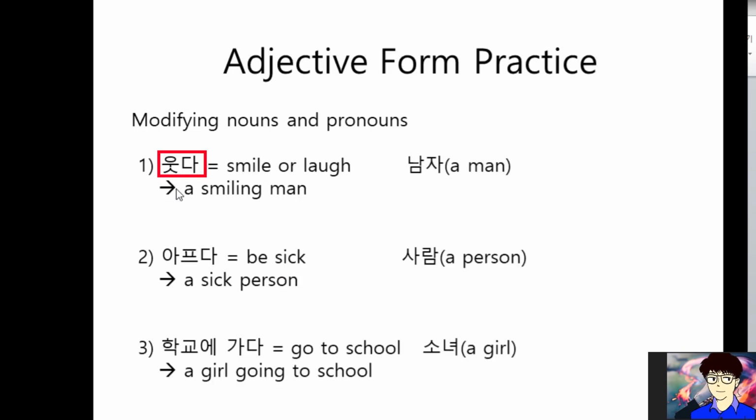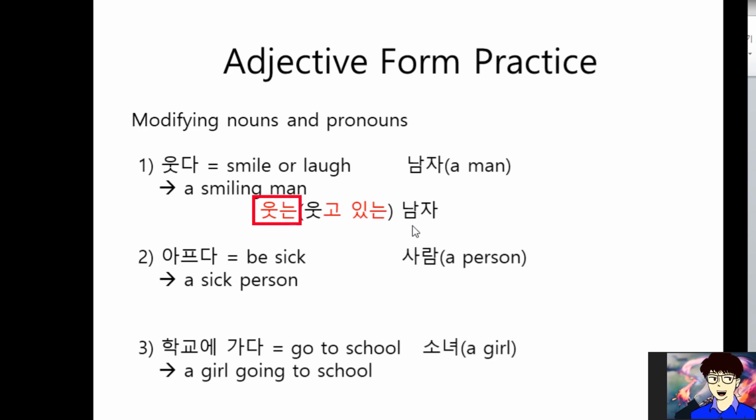Okay, first, 웃다. 웃다 is not an adjective but an action verb, which means smile or laugh. Okay? And 남자 is a man. When you want to say a smiling man, in that case, you have to say 웃는 남자. So you have to put 는, right?